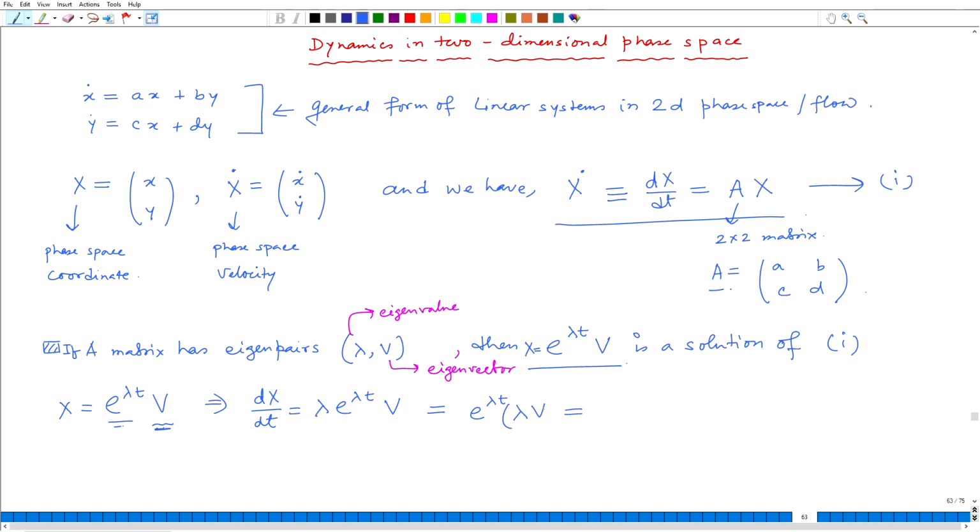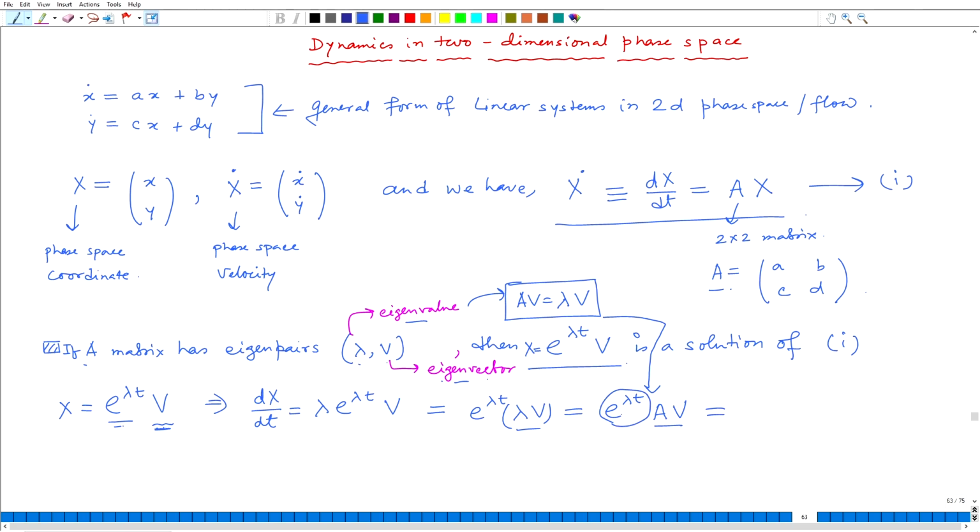Now, lambda times v by definition is equal to A times v. That is the definition: if lambda and v are respectively the eigenvalue and the eigenvector of A, then A v is equal to lambda v. That I am actually using over here. This lambda v will now be replaced by A v.